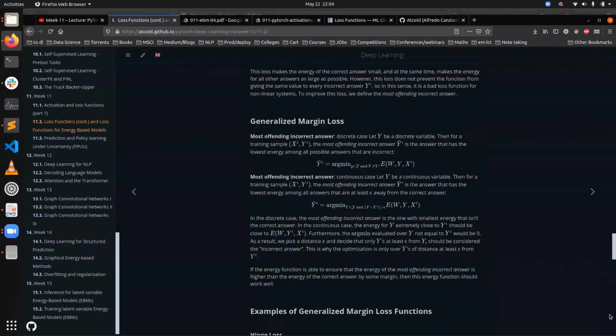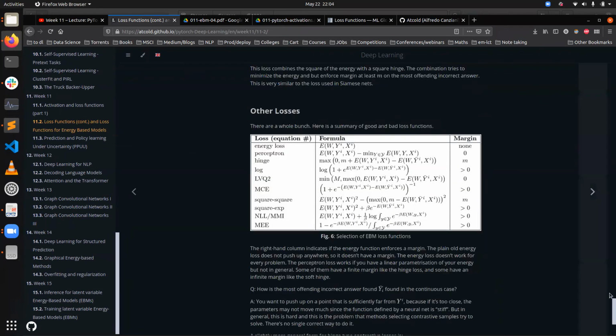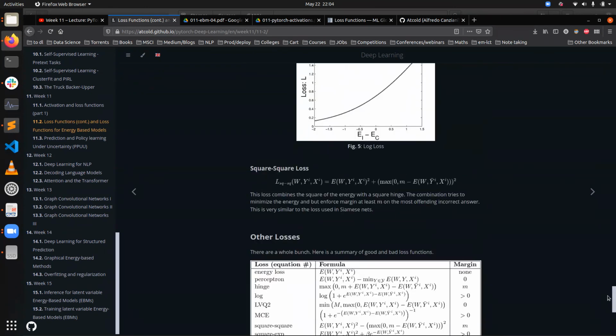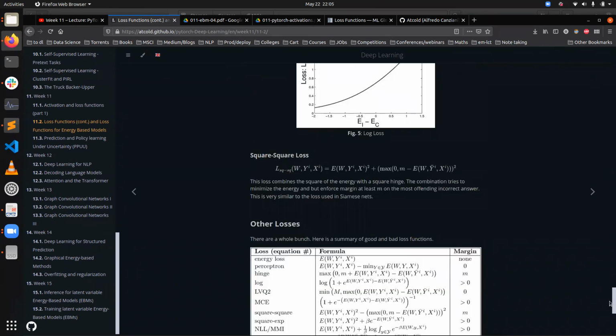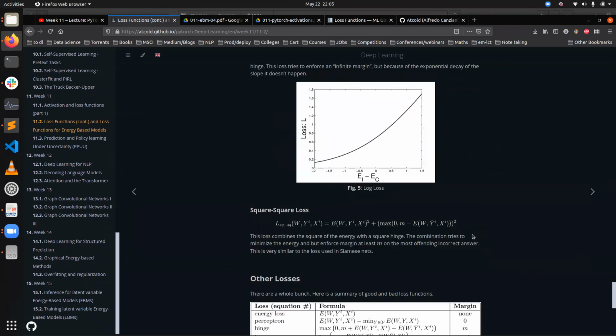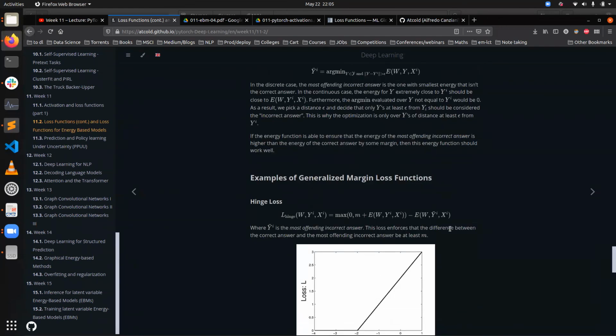I've not done much of the practicums in the earlier lectures, but did he use any notebook with energy based loss functions or anything like that in the previous practicums? Does anyone know? I don't think so.